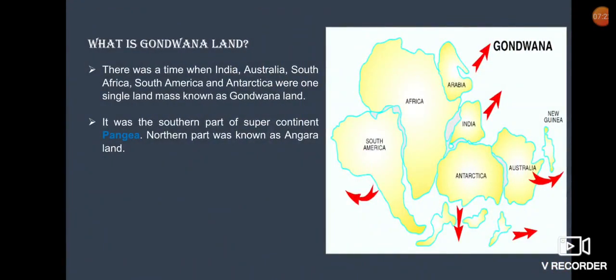Now, what is Gondwana land? There was a time when India, Australia, South Africa, South America and Antarctica were one single landmass known as Gondwana land. And the upper part, as I told you, has the 3 major continents, North America, Europe and Asia, which was named Angara land or Laurasia.